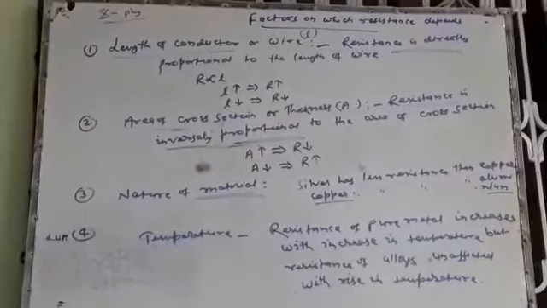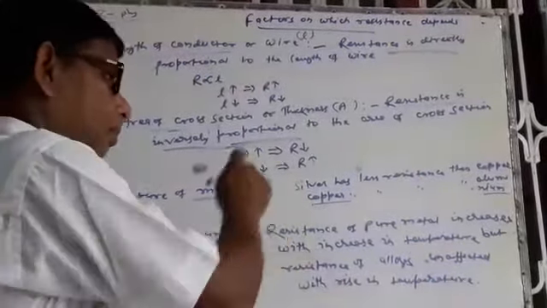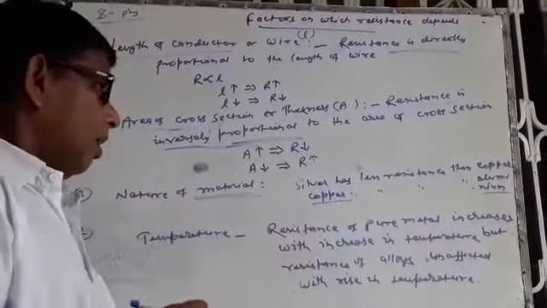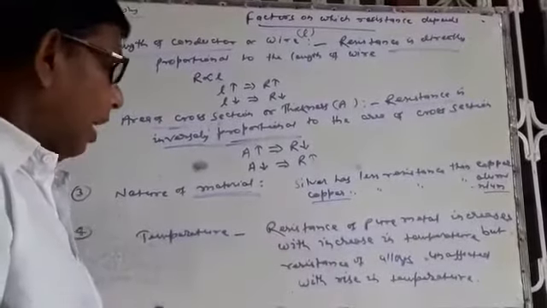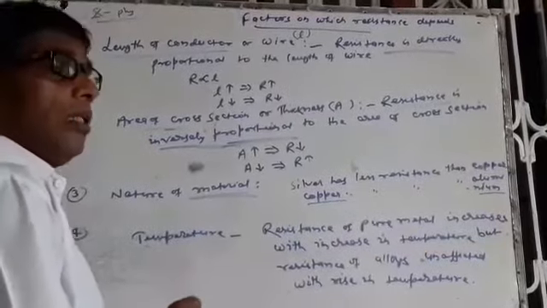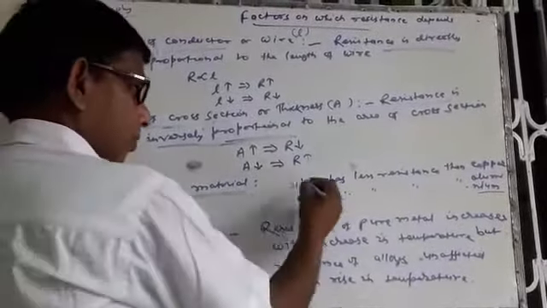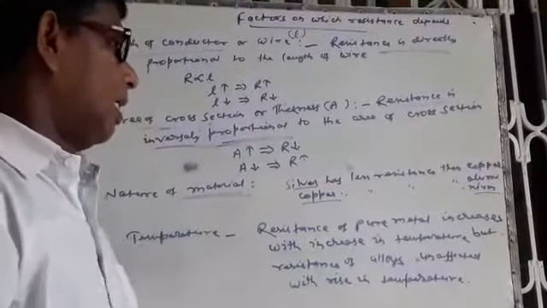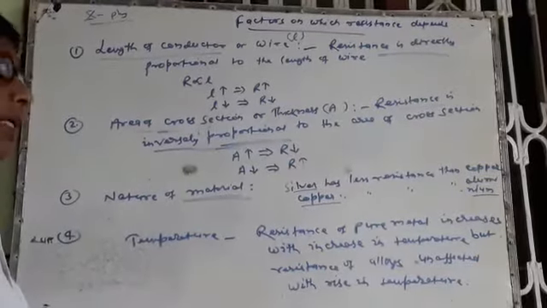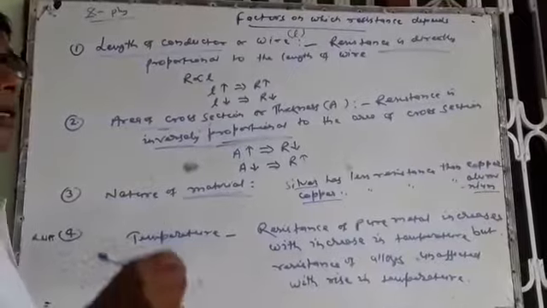This means if length is same, thickness is same, and we have three wires, one made of silver, another of copper, and the other of aluminium, despite length and thickness both being the same, silver has less resistance. This means conductivity of silver is better than copper and the conductivity of copper is better than aluminium.